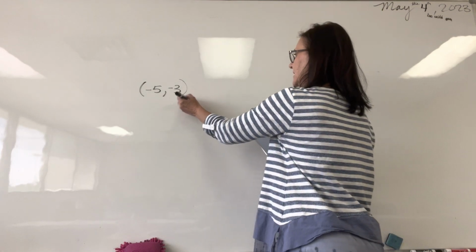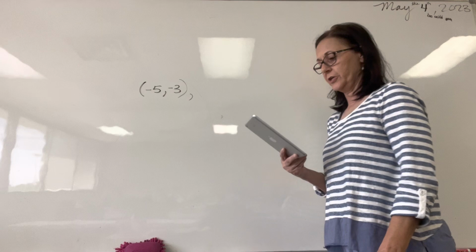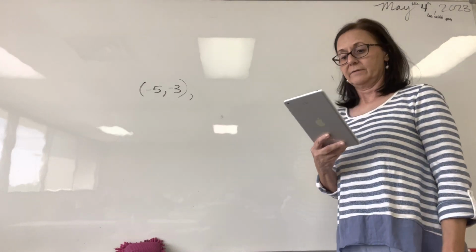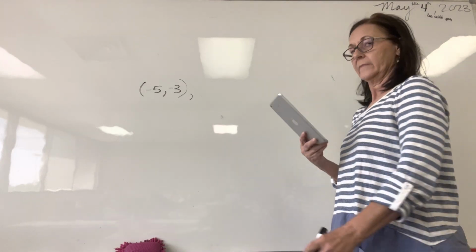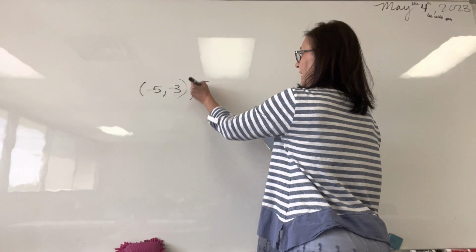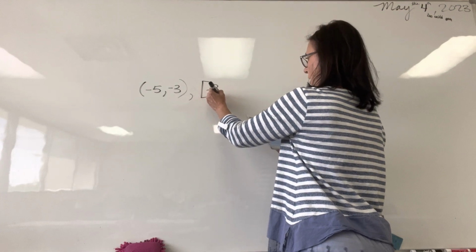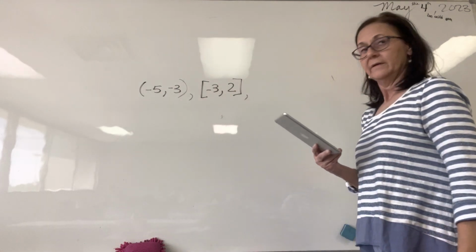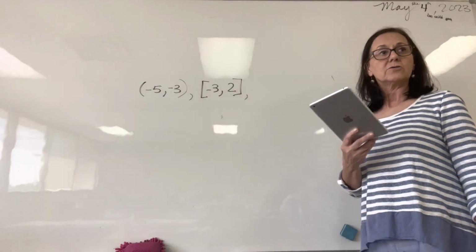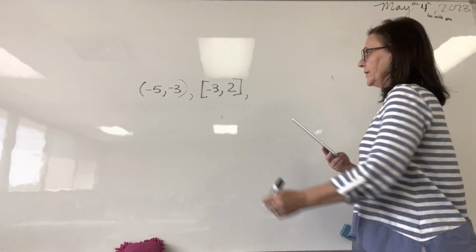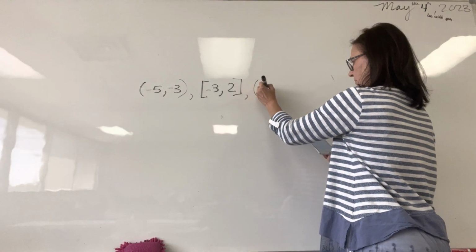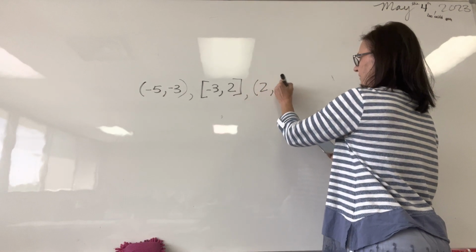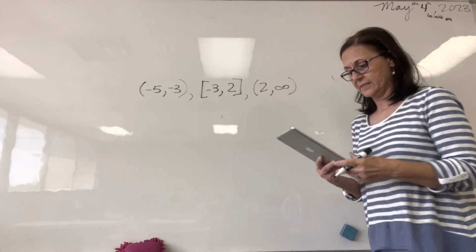What's the next interval on which it is continuous? -3, so it includes -3, right? All the way up to 2. And then it goes from 2, but not equal to 2, to infinity, which always goes with a parenthesis.